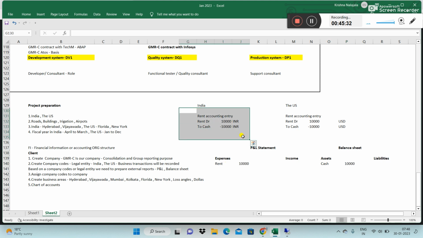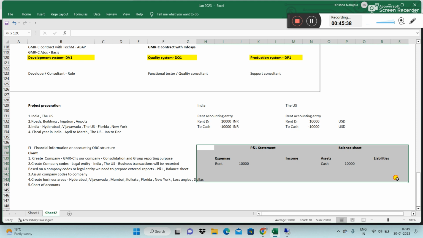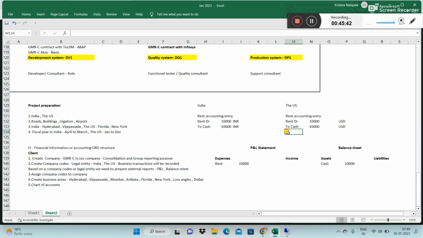You just simply post a business transaction, but in the back end, what happens? It'll update appropriately, like this. Next, you invested something, maybe capital investment. What is the accounting entry for capital investment? Cash account debit to capital.